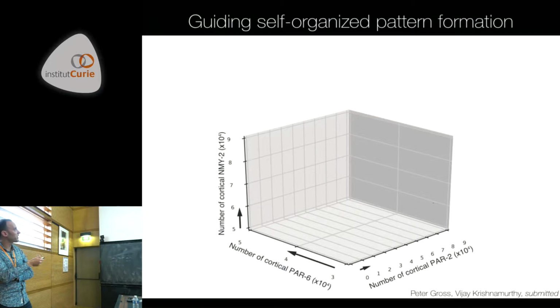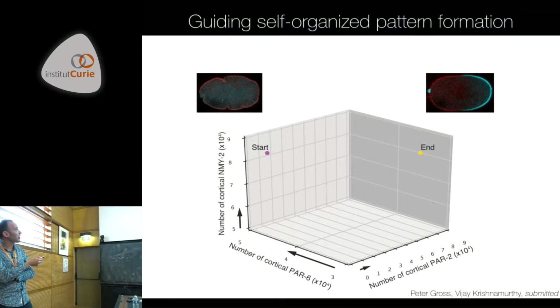So this is the number of myosin, and sorry, this is the number of red. This is the red direction, and this is the blue direction. So each arrow is 10,000 molecules. Okay, and the system starts off unpolarized, and unpolarized means that there's a lot of red species and a lot of myosin and very little blue. Okay, so the system starts here and it moves to a polarized state where both red and myosin are reduced.